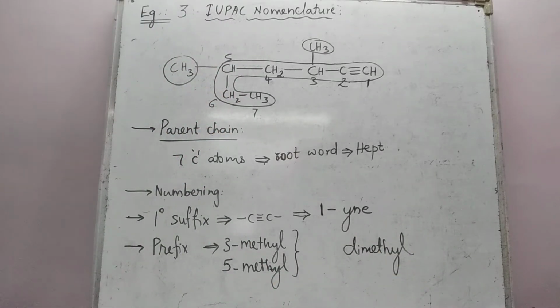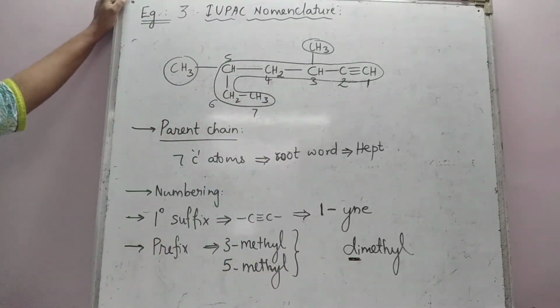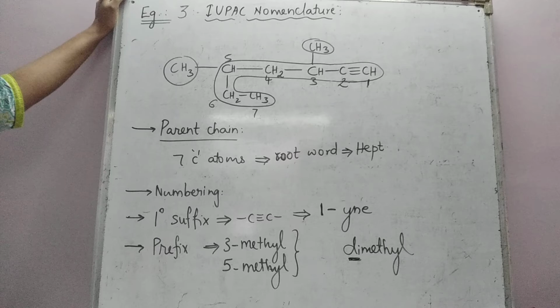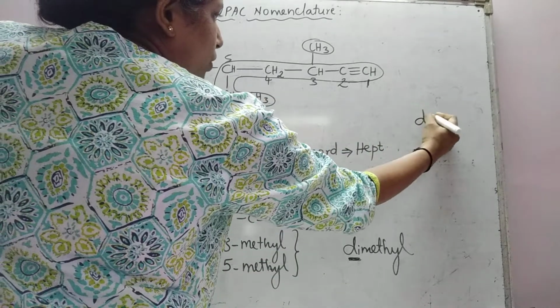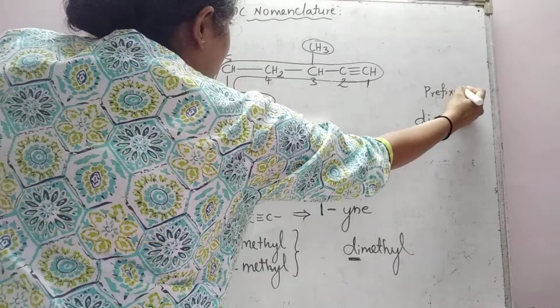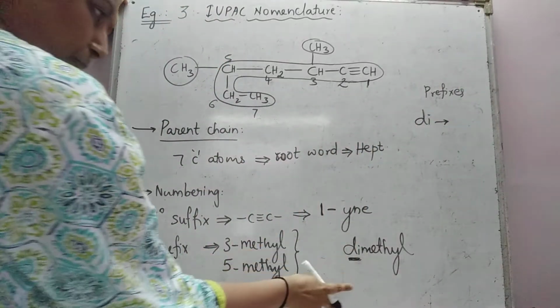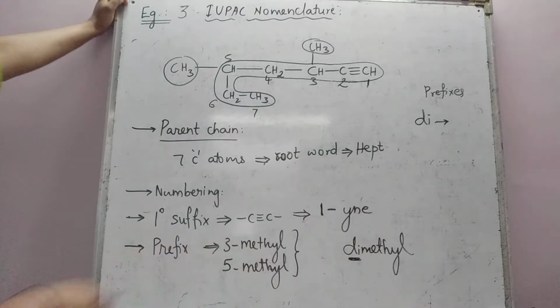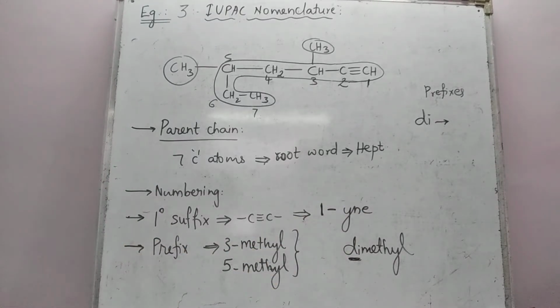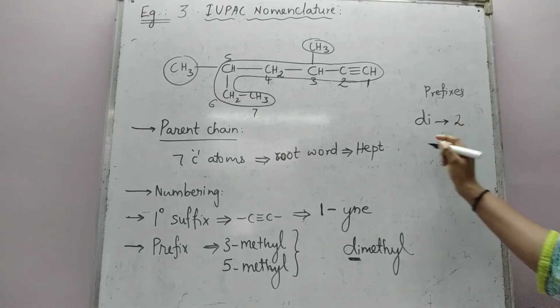We have used a prefix like di to indicate that there are 2 methyl groups. I am not talking about the main prefix here; these are prefixes used within the prefix itself, to indicate the presence of more than 1 group. So di is used when there are 2 similar groups.